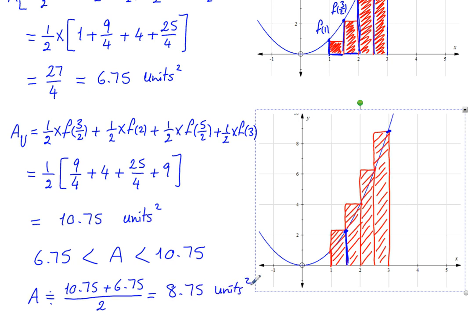Again, remember from the previous estimates, using two rectangles, we got an average of 9. Now the average here is 8.75. You can now imagine that if we continue on with this process by increasing the number of lower rectangles and upper rectangles, we will get a more accurate estimate until we get very, very close to the actual area.